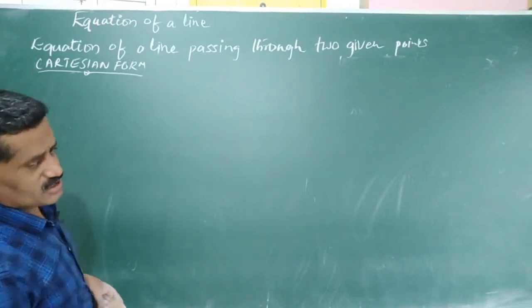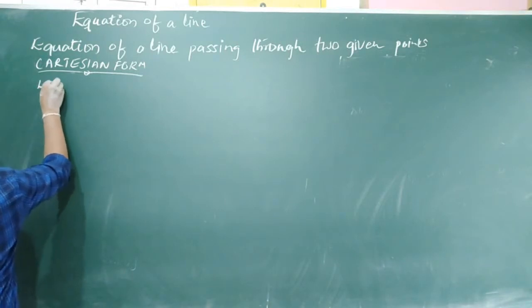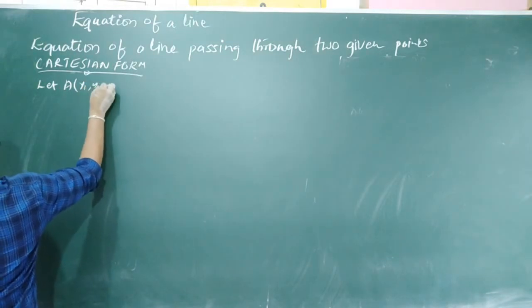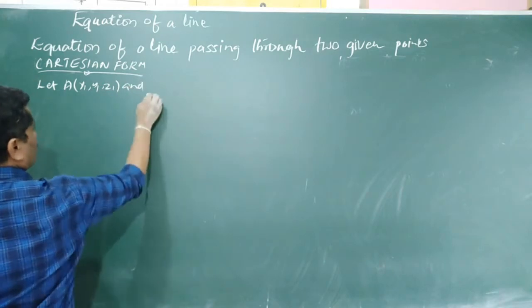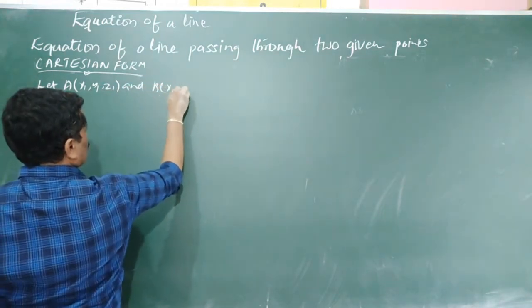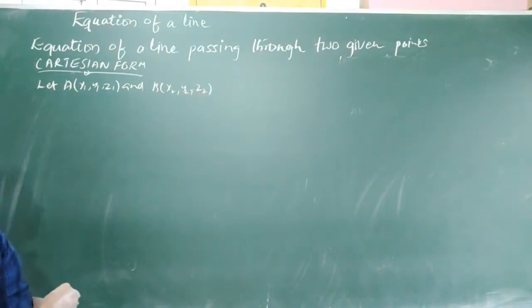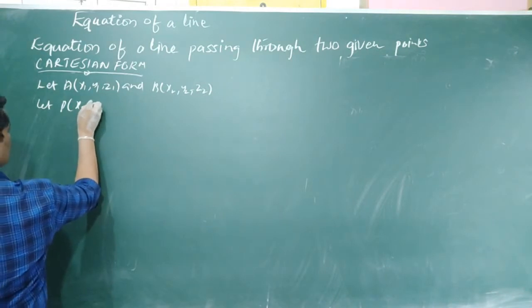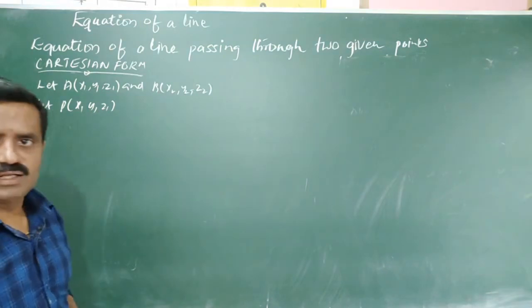Next we have the Cartesian form. Similar method. Here let A of x1, y1, z1 and B of x2, y2, z2 be any points on the line through which it passes. Again let P of x, y, z be any point on the line.